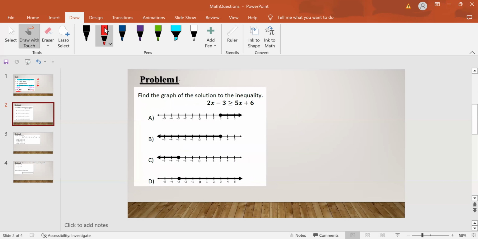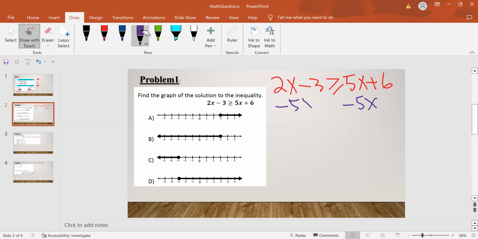Now, if we go back to the question, the first thing to do is to solve for x. Having 2x minus 3 is greater than or equal to 5x plus 6, we'll subtract 5x on both sides.